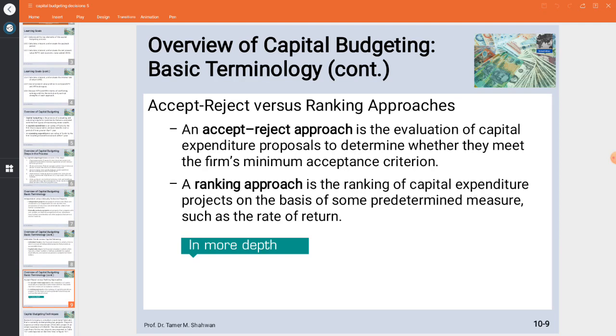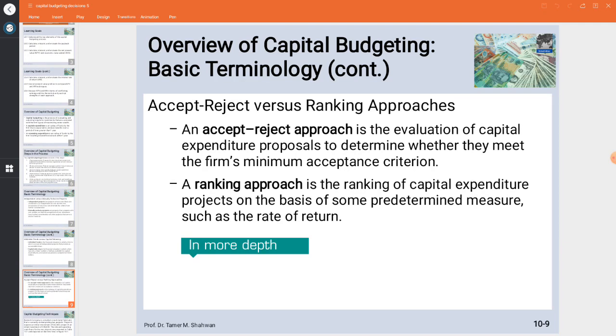In the accept-reject approach, you have as a firm a minimum acceptance criteria, and based on it you are going to assess your actual performance. If it meets this criteria, you are going to accept the project. Otherwise, you are going to reject it.